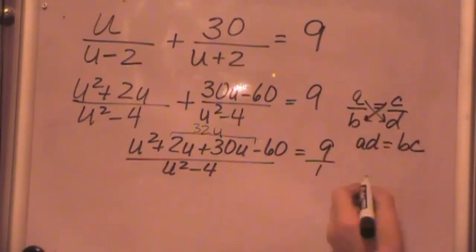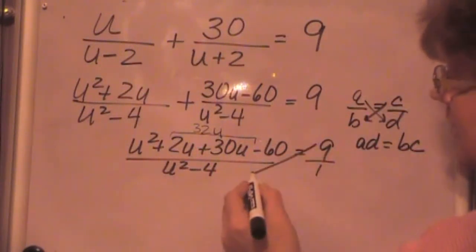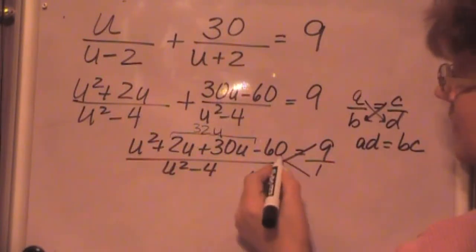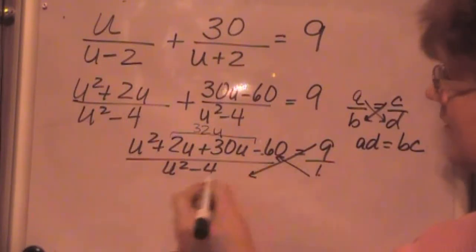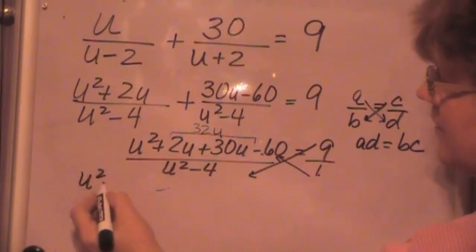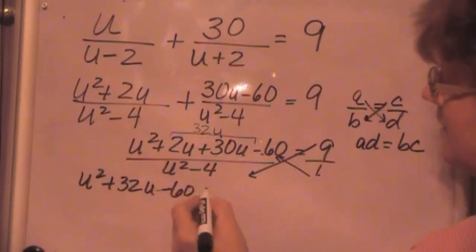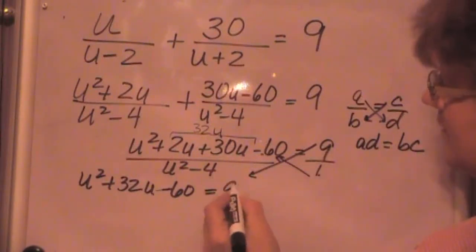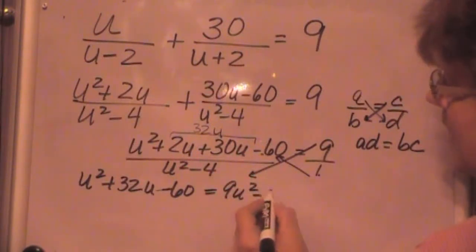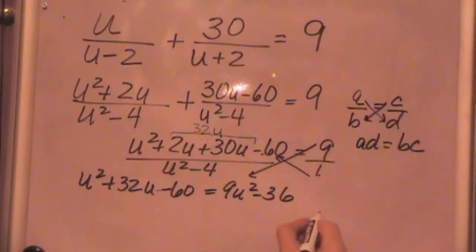So what I'm going to do here is actually cross multiply the 9 times this and the 1 times this. 1 times this is just u squared plus 32u minus 60 equals 9 times this, which is 9u squared minus 36.